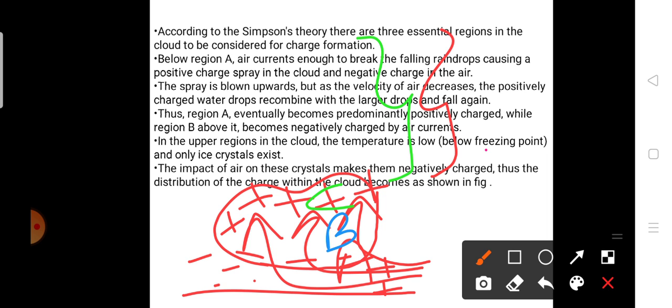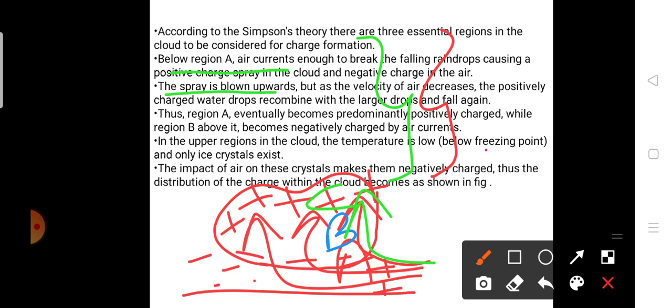So in region A, as I said, below region A the air currents are enough to break falling raindrops, and no raindrops fall through. The speed of the air is almost 800 centimeter per second. Here air velocity is high and the spray is blown upwards.